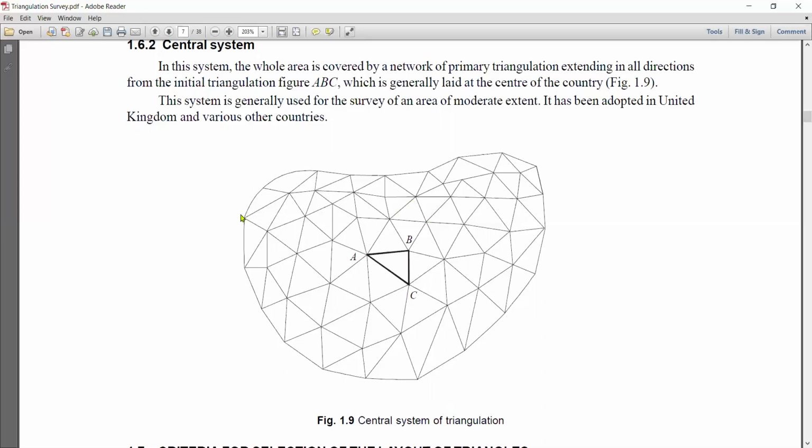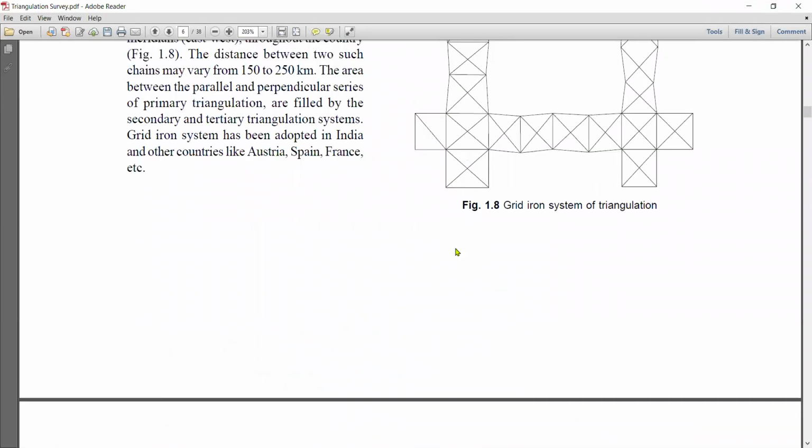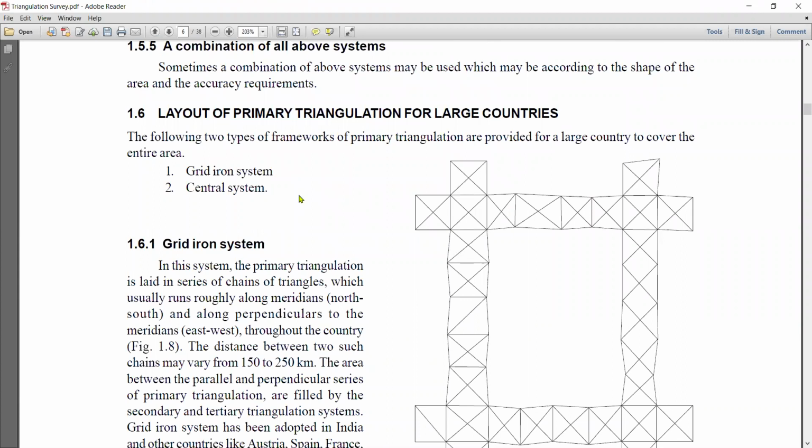Like that, the entire area, the full country area, can be covered. This is an example of the layout of a primary triangulation for large countries, usually following the gridiron system and central system. These are the two important types of layout or framework usually provided for large countries.